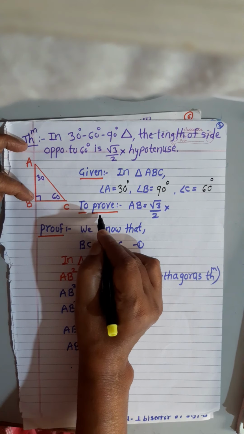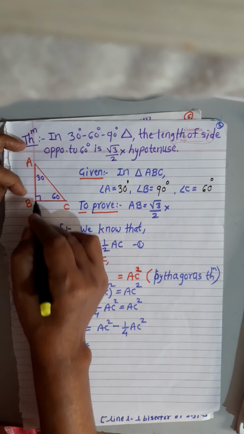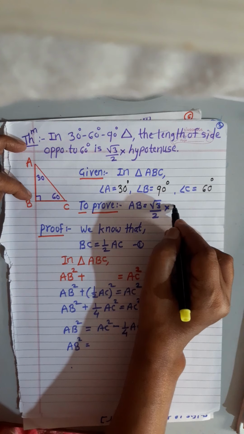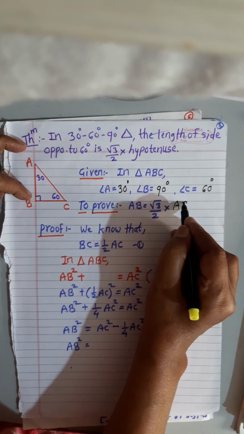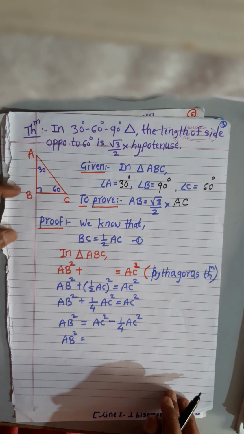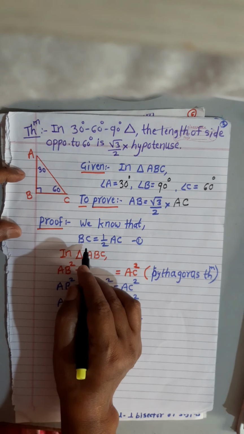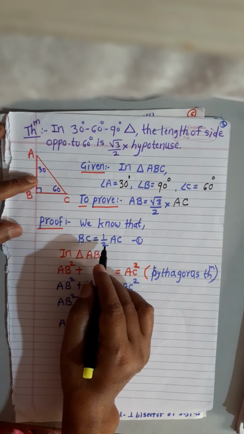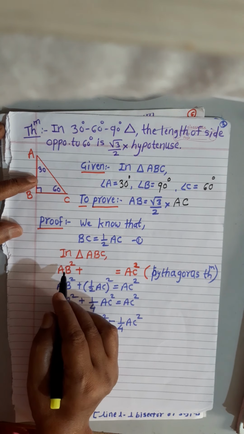What we have to prove? That the side opposite to 60, means AB, is root 3 upon 2 into hypotenuse, means AC. Now previously we have learned that BC equals half AC. The side opposite to 30 is 1/2 into hypotenuse.